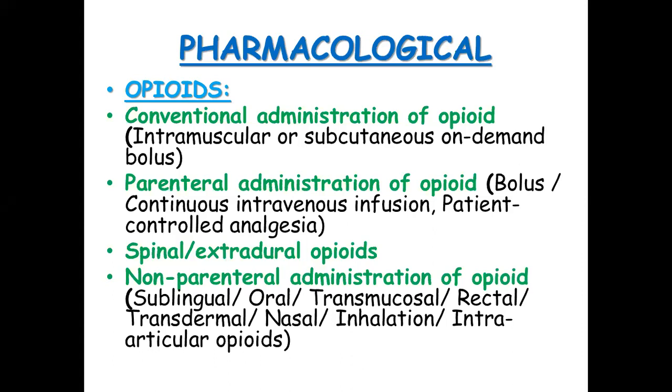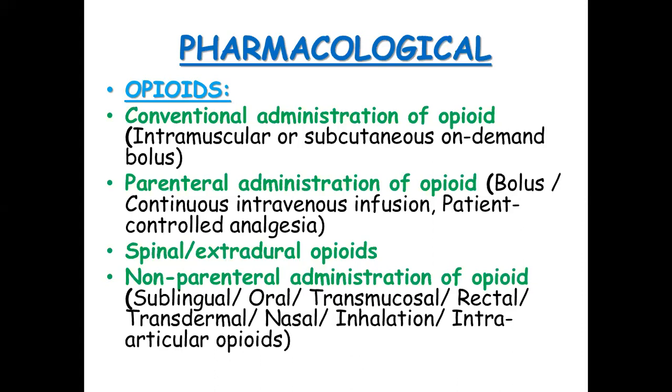For example, if the patient is given a dose at 10:30 a.m., and the doctor has set the patient control analgesia pump to a half-hour interval, then even if the patient presses the button, the drug will not be delivered again.